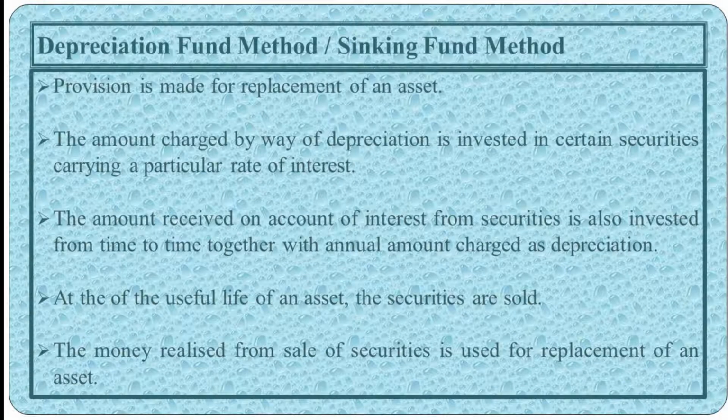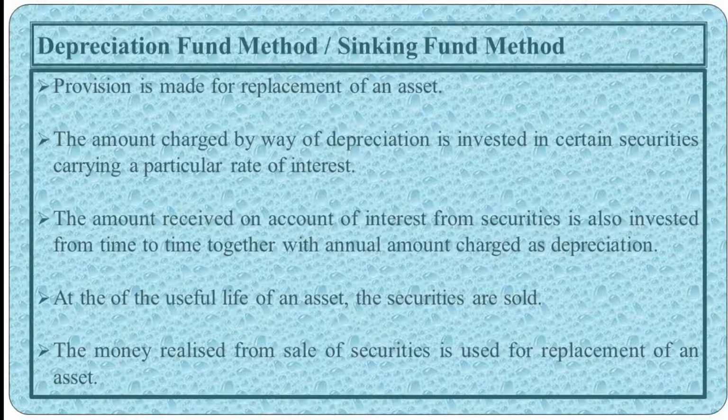In case of depreciation fund method, which is also called as sinking fund method, the amount charged by way of depreciation is invested in certain securities carrying a particular rate of interest. The amount received on account of interest from securities is also invested from time to time together with the annual amount charged by way of depreciation.